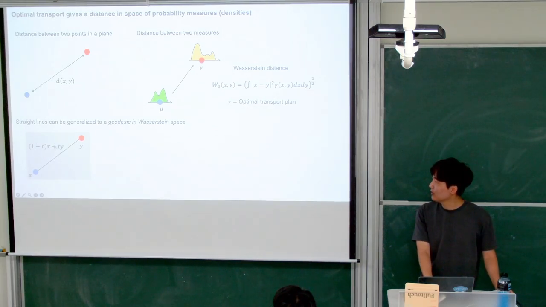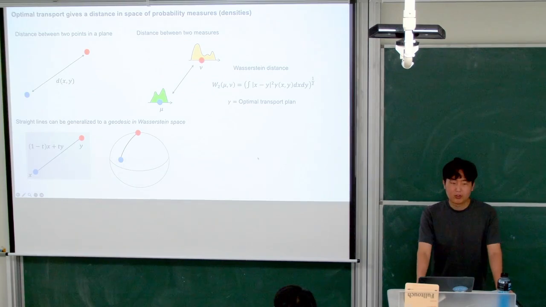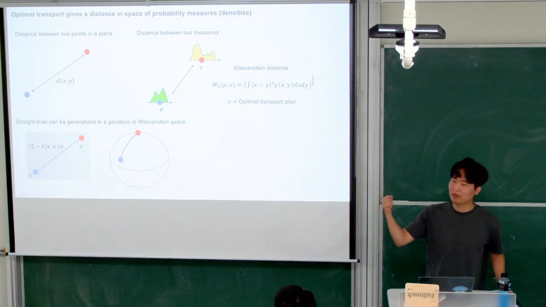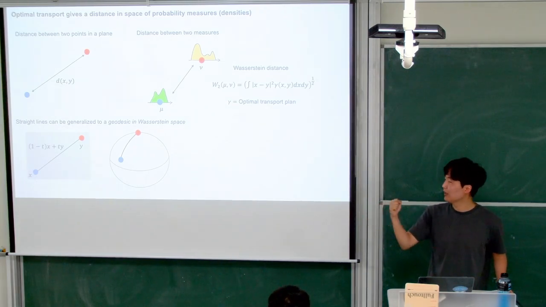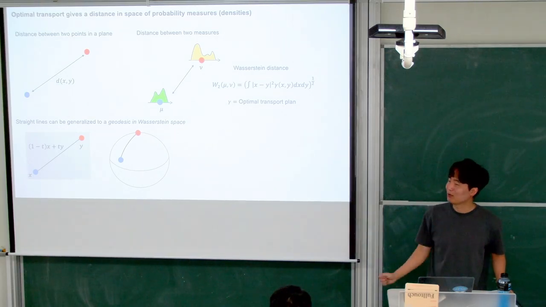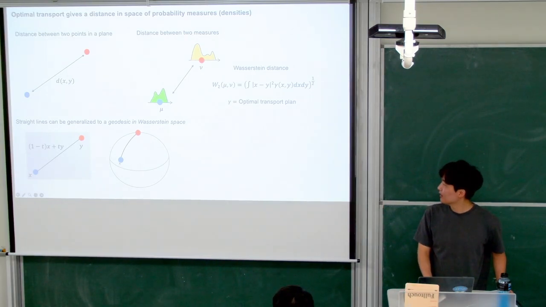So 1 minus t and t means that you take some interior points between x and y. In a different geometry, on a sphere, you can also think of the shortest distance. If you imagine you are taking an airplane on a spherical domain, you move almost like a straight line, like this. Such a straight line is called a geodesic, the shortest distance.